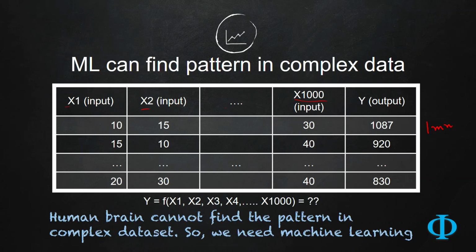So that's a very complicated job, right? Now, is it possible for a human brain to find the pattern or the equation that can map x1, x2 up to x1000 to y? Well, this is very hard, and the human brain cannot find the pattern in this type of complex data set. So at this point of time, we need to rely on machines, and specifically on machine learning tools.